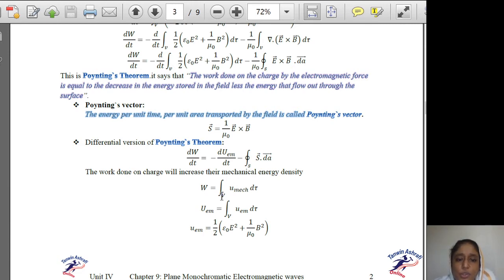For W, it is the integration over the volume of U_mech. Now, U_m is the electromagnetic energy density, so it is the integration over volume of U_em dT. Now, U_em will become what? Half of epsilon naught E square plus 1 upon mu naught B square.